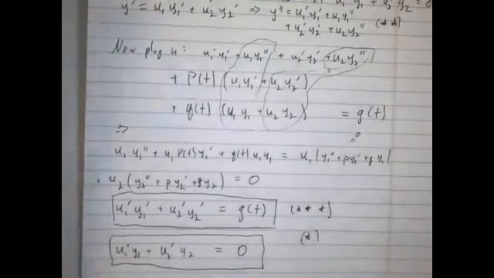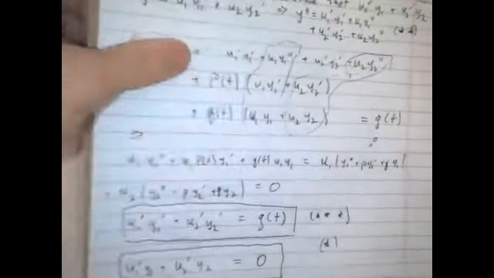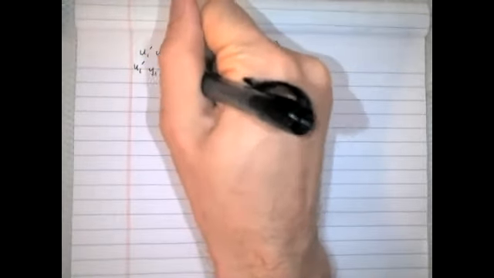Okay, let's solve a little further with this kind of abstract notation. So let me rewrite the two equations here. We've got equation u1 prime y1 plus u2 prime y2 is equal to 0. This is equation star. And then I've got equation u1 prime y1 prime plus u2 prime y2 prime is equal to g of t.